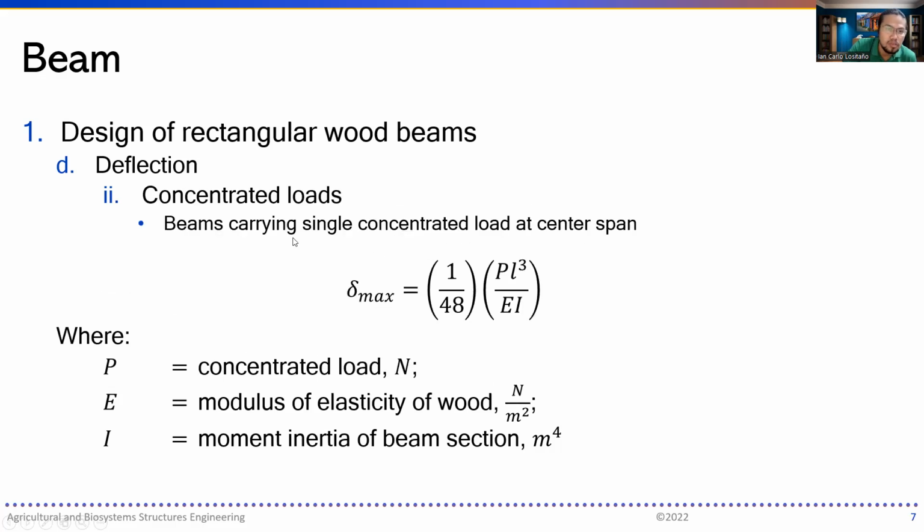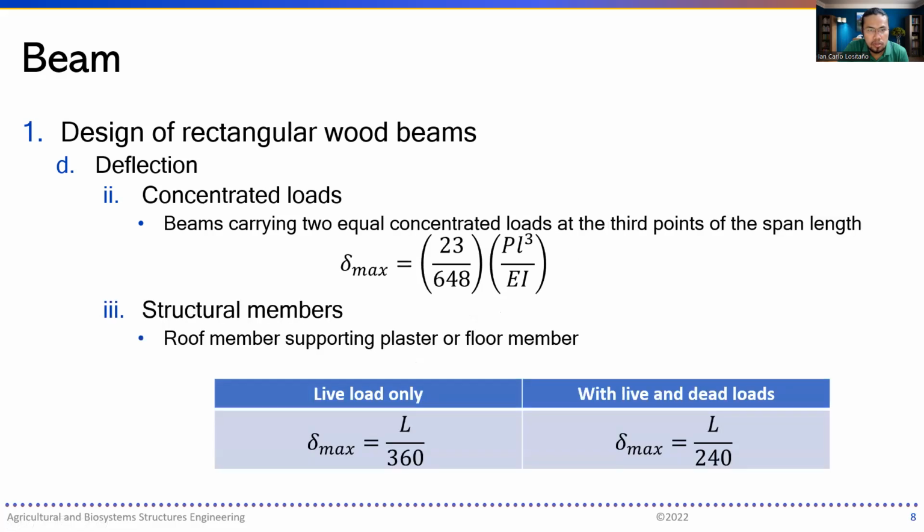For concentrated loads, the formula is 1 over 48 times the quantity PL raised to the cube, all over E times I. Similar in format, it's just the constant multiplier at the start of the equation.